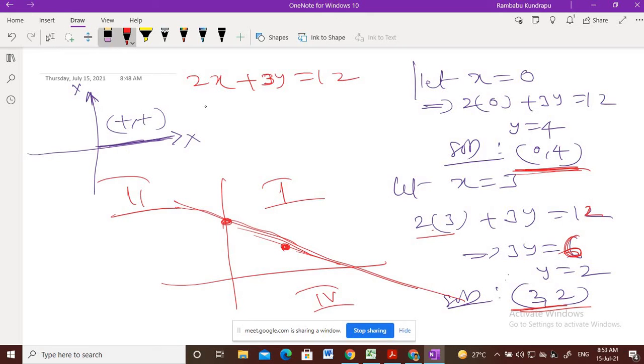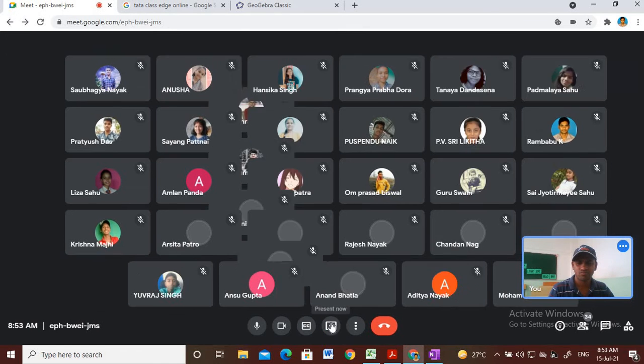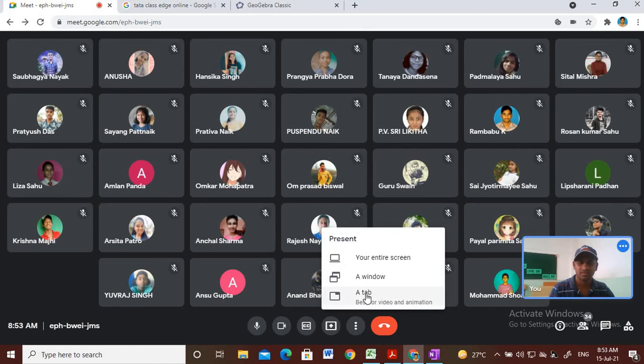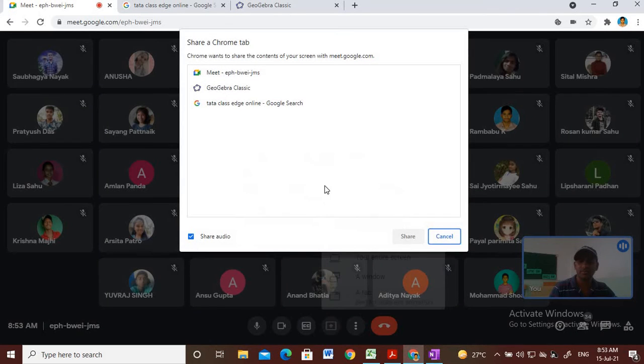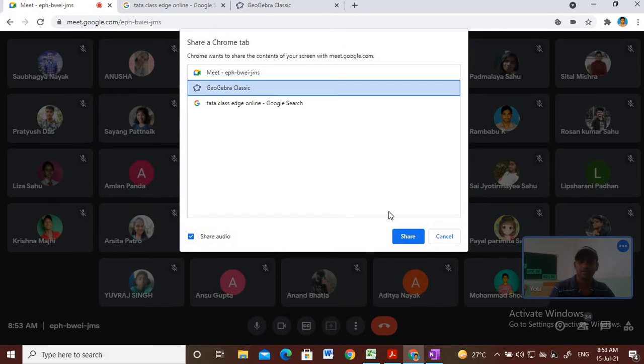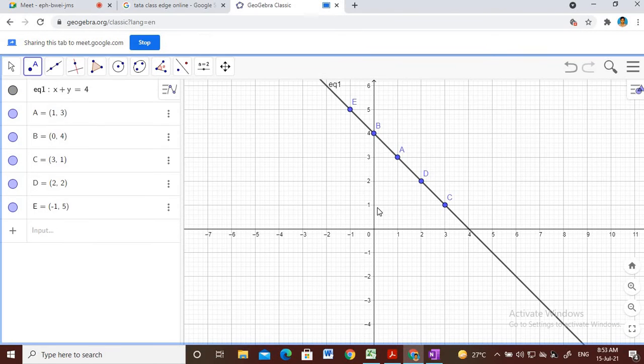Now you see, let us move to GeoGebra. Here I am using GeoGebra, but in the examination you have to draw the equations, students.